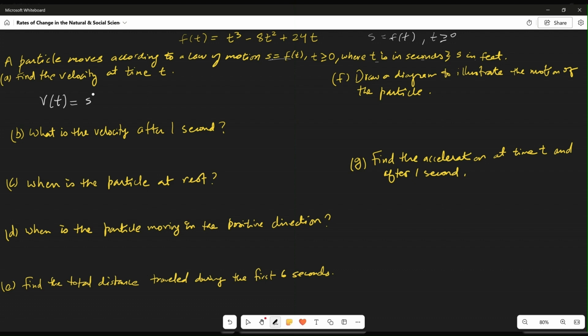You can write this as v of t, or ds over dt, which is equal to, by the power rule, bring the power down in multiplication and subtract 1 from it. So it's 3t squared minus, same thing again, 8 times 2 is 16t, and the derivative of 24t is 24. So we have the velocity here.